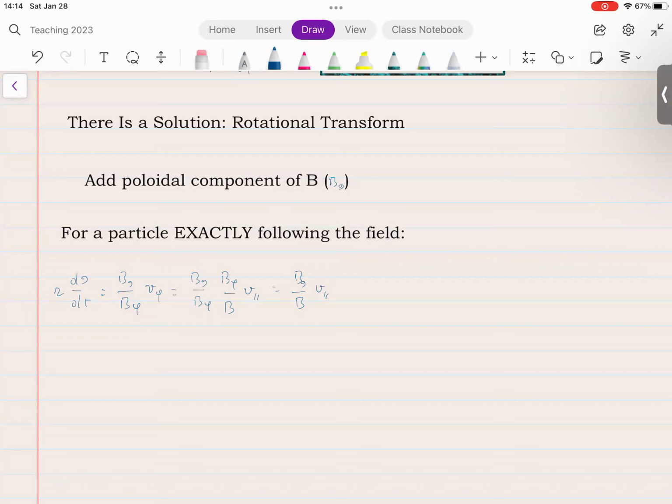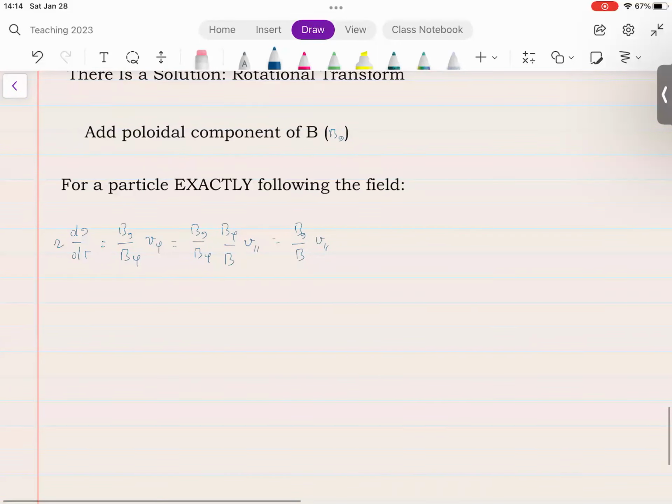Now, that will be the equation of motion for the trajectory for a particle that's following the field. Now let me add the drift.